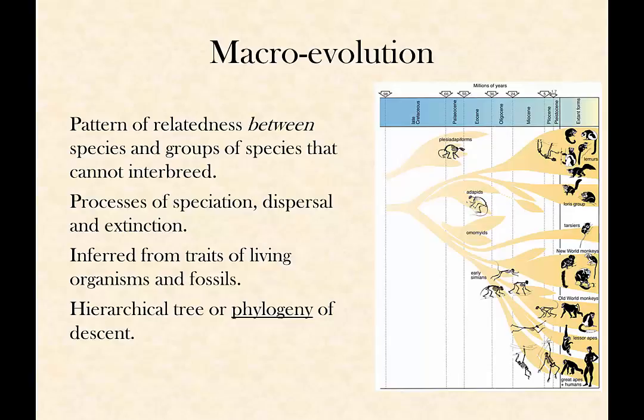But with fossil organisms, we don't have much DNA, or very little DNA, so it's done from things like measurements of bone sizes and all sorts of things like that. Importantly, for macroevolution, that always results in a hierarchical tree or phylogeny of descent. Phylogeny is the word used to describe an evolutionary tree. So if I say phylogeny, it just means evolutionary tree.